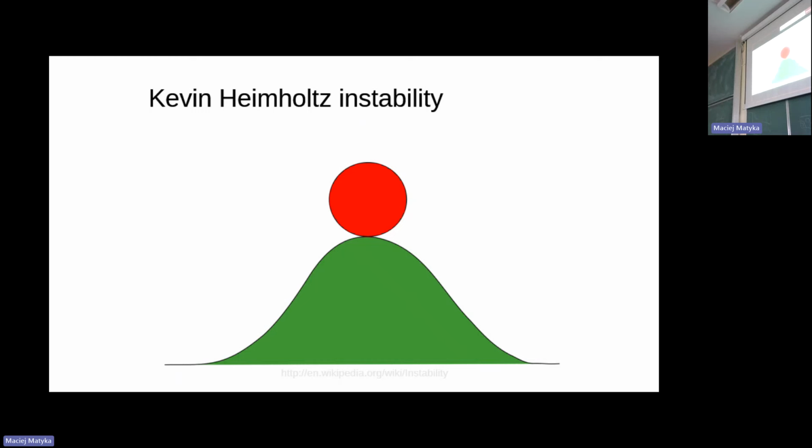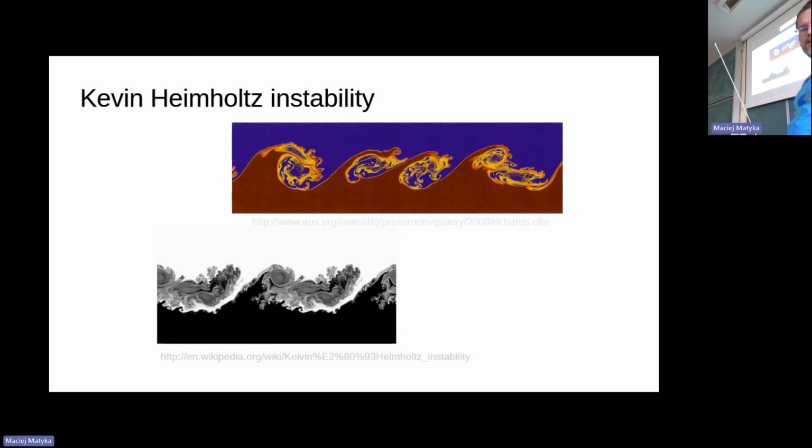And interestingly, this FHP approach can also give you very physically sound results. This is an example of an instability in physics: the Kelvin-Helmholtz instability in fluids, which can also be simulated using the lattice gas. So for instance, here are examples of other methods or observations of what happens on the border of two phases.